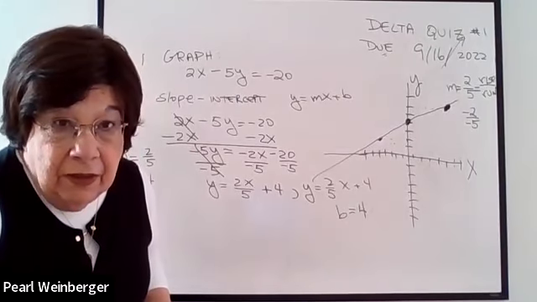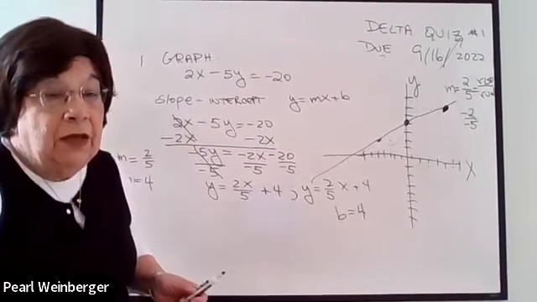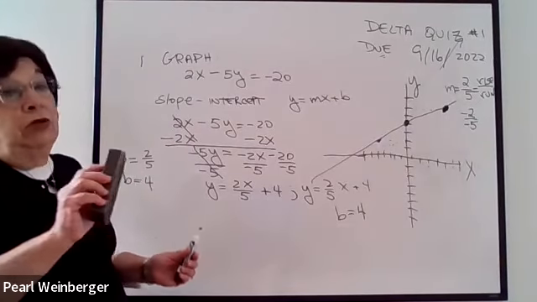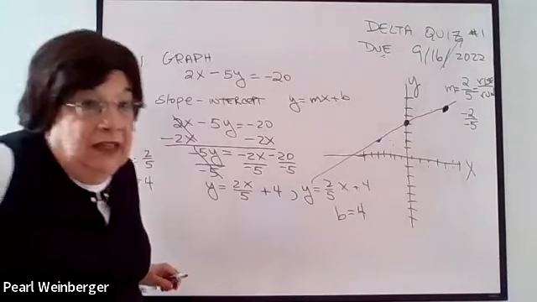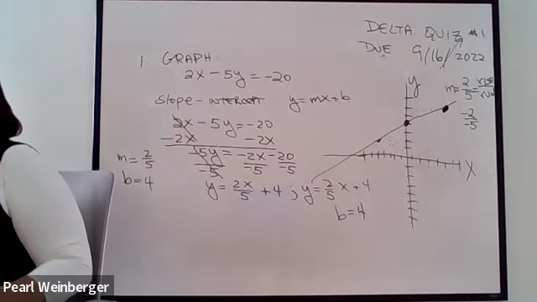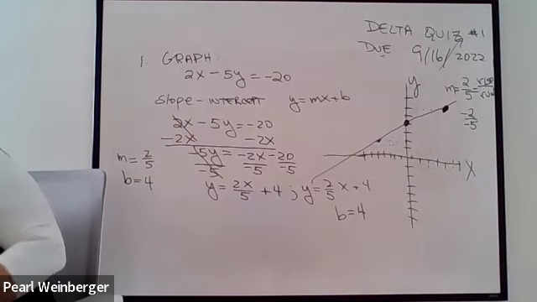Yeah, okay. Great. So let's try one. And this one specifically, even though you can use any method you want, I'd like you for now to use the slope intercept, the y equals mx plus b method.